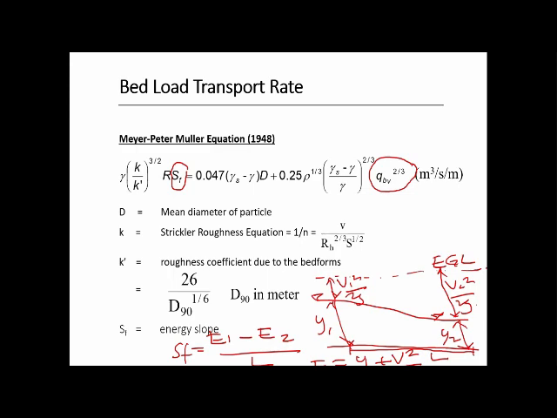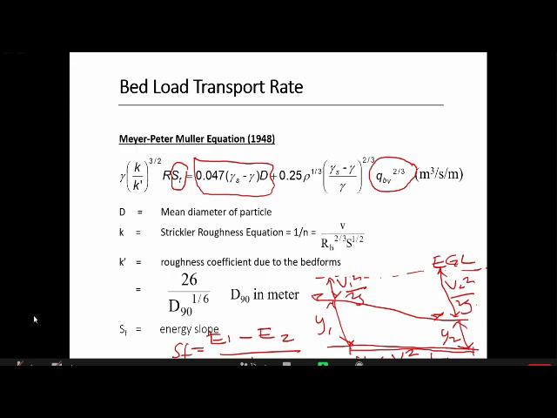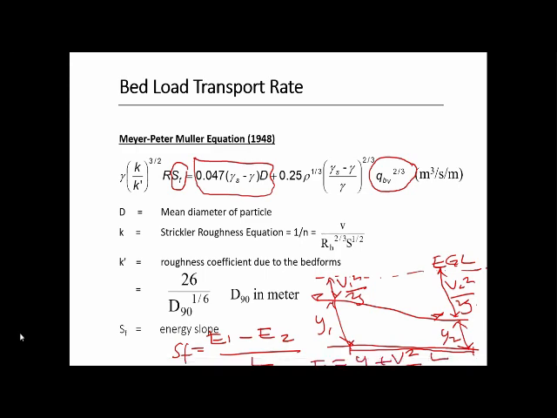And then here, if you look at this Meyer-Peter-Muller equation, you ada D. What is this? These terms. What is this term represent?